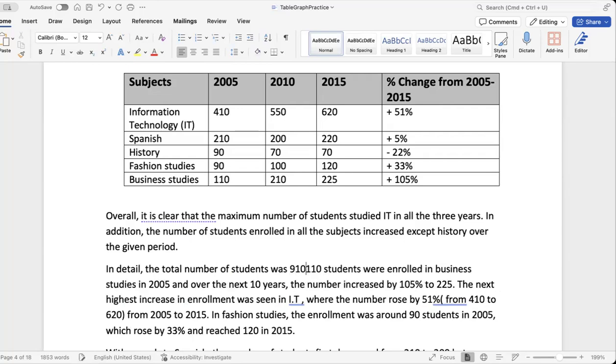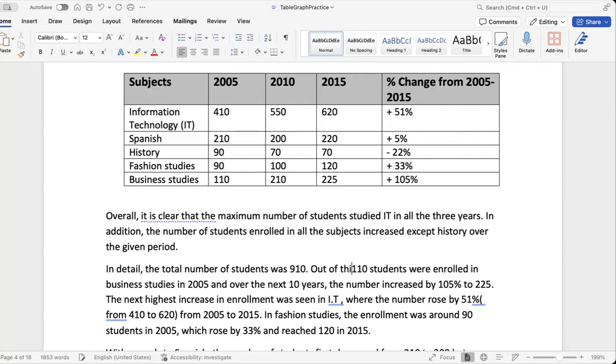Out of this 910, 102 students were enrolled in business studies in 2005. And over the next years, the number increased. And then finally, you can give the total number, which had increased to this much. So we can give it like that. We can have one sentence for the total at the beginning of the paragraph or at the end of the paragraph. Clear?